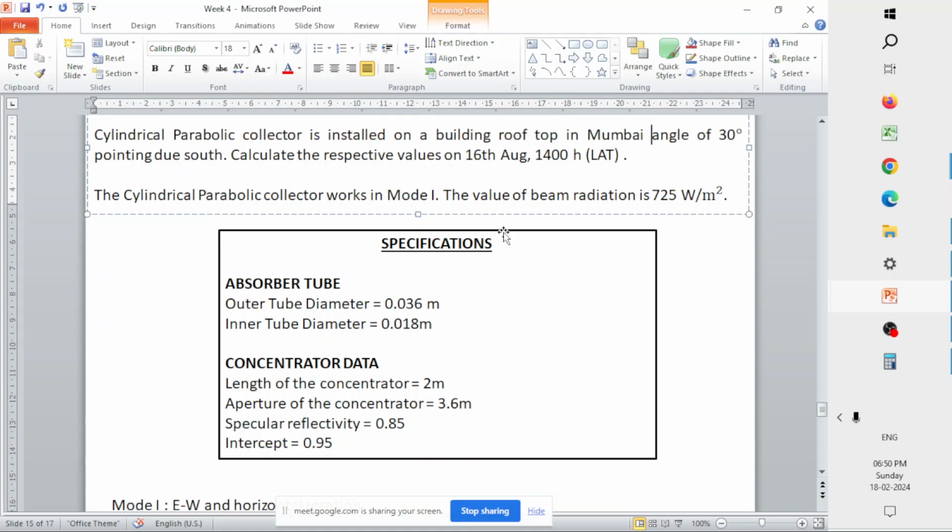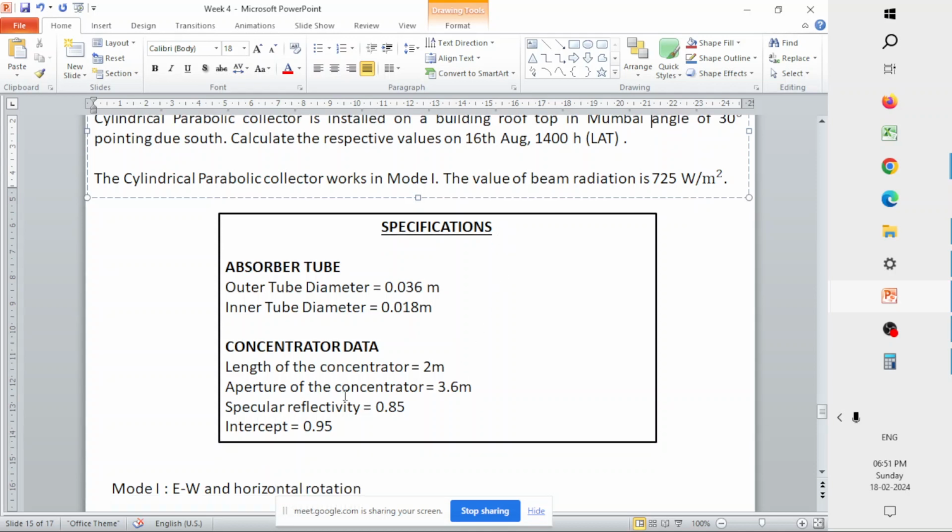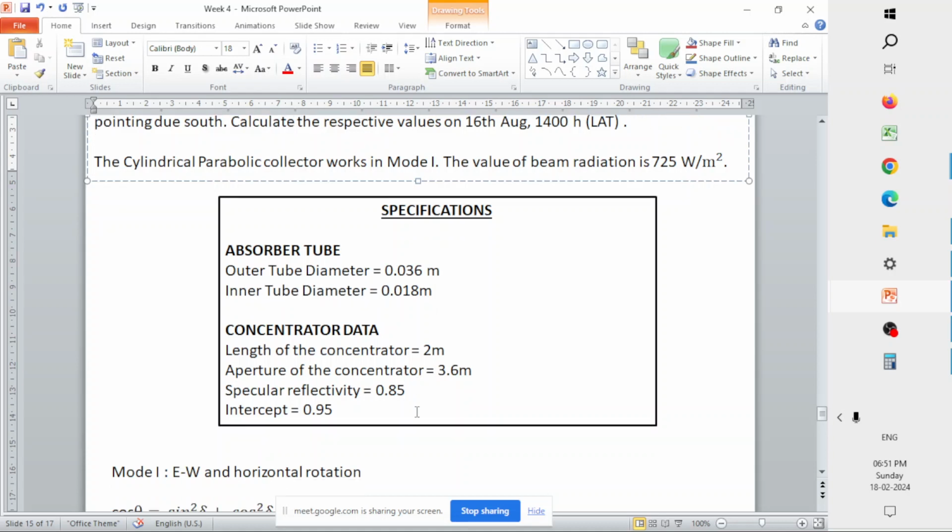Similar to the flat plate collector, we have the specification for the absorber tube, and then the concentrator data is given. The length of your concentrator is 2 m, and since it's a parabolic collector, it has a particular aperture of around 3.6.